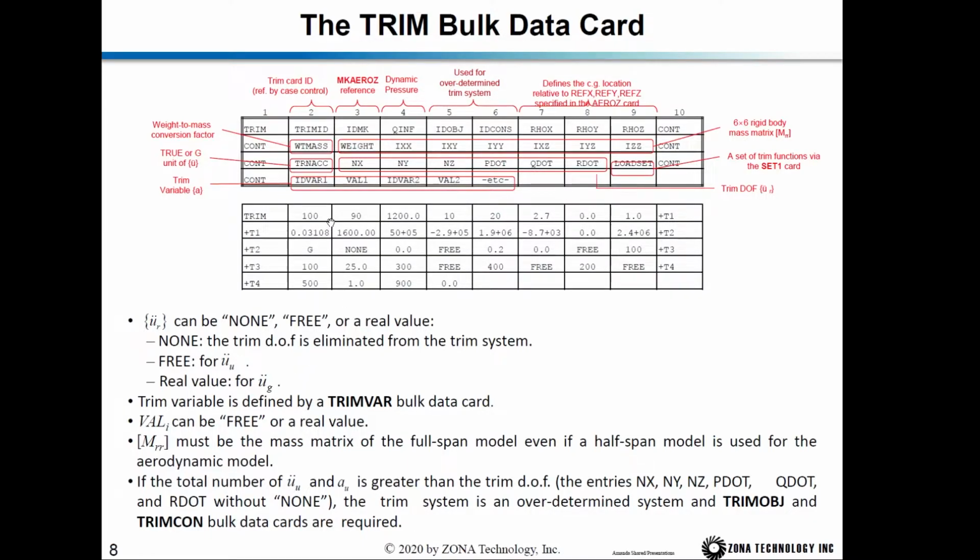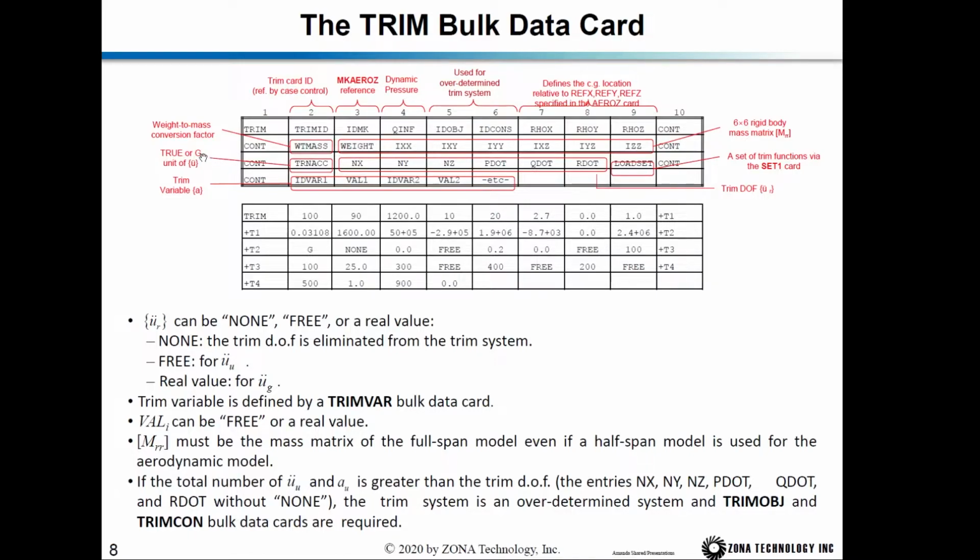And then this value can be specified in either true units or G. If you say G, for example, if I want to do a 4G trim, for NZ you can say 4.0.